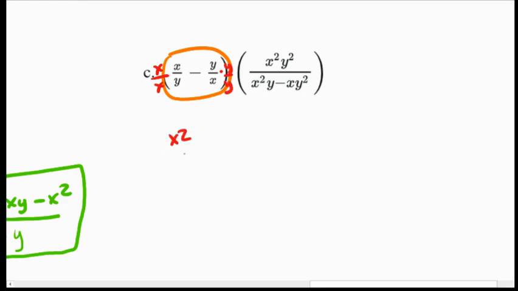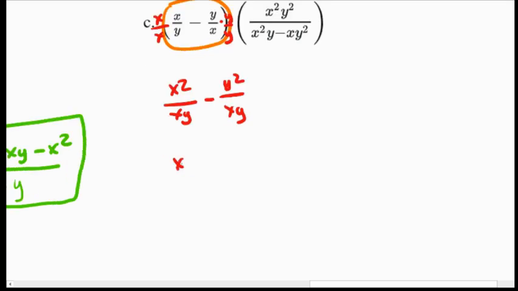So I get x squared over xy minus y squared over xy, and I combine those to get x squared minus y squared over xy. Now this may help me later, but what I notice here is that this is a difference of squares. So I might factor that in a little bit, but let's see if that helps us first.